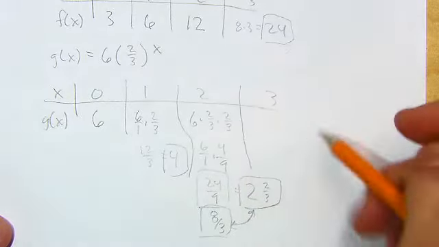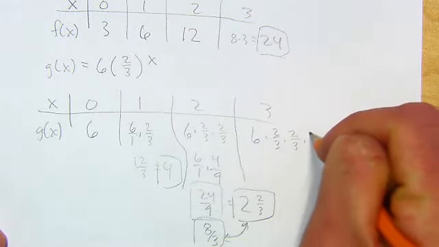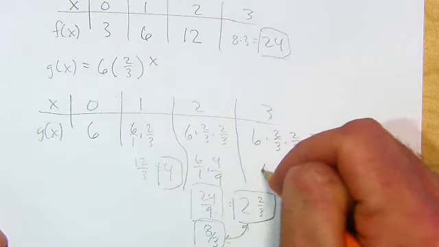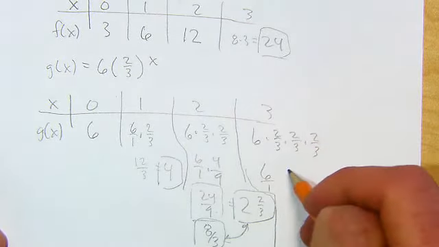And then the last one, it's 6 times 2/3 to the third. So 2/3, 2/3, 2/3, right? 2/3 to the third power. 6 over 1. And then what? 2 times 2 times 2 is 8. 3 times 3 is 9. 9 times 3 is 27.